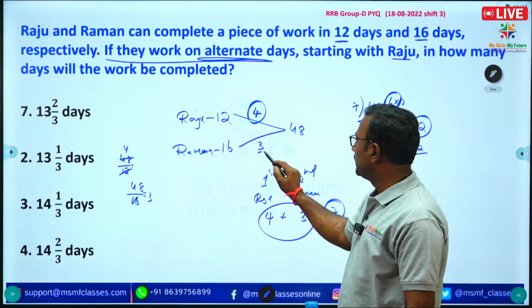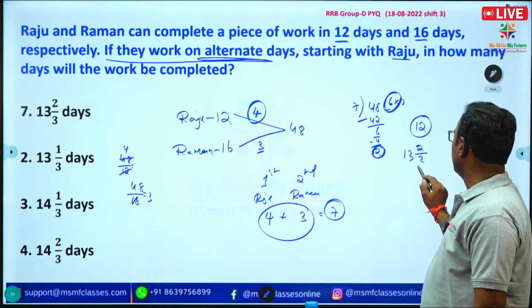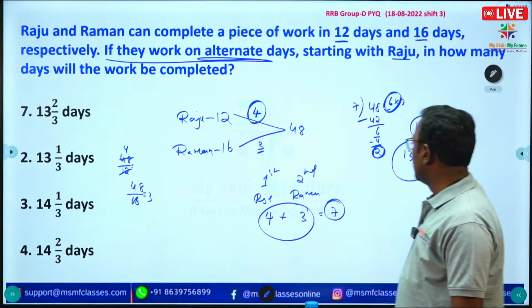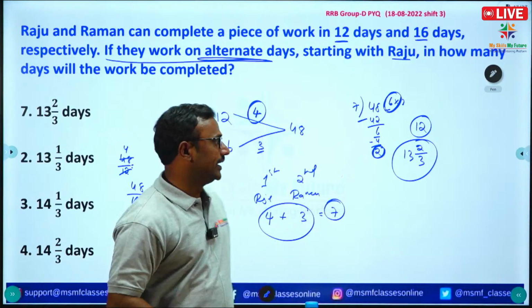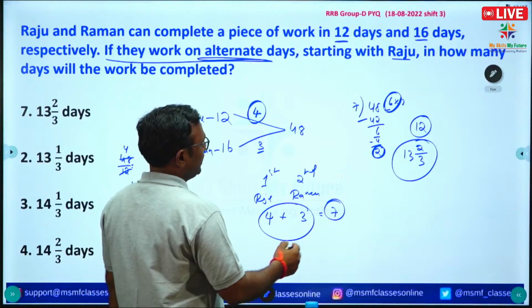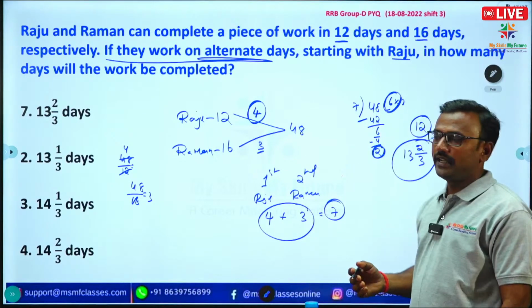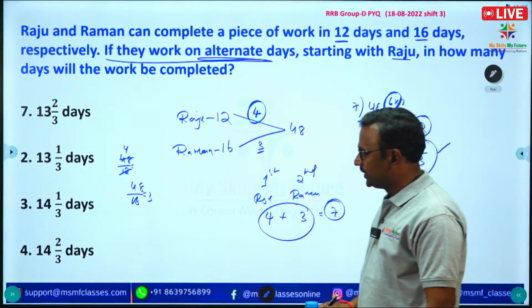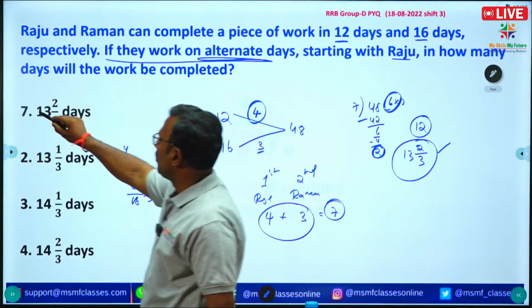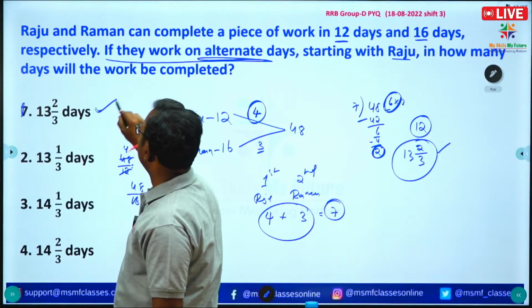Raman can do 3 units of work in a day. So total required days is 13 2 by 3 days. So they will complete the work if they work alternately in 13 2 by 3 days. So option 1 is correct, 13 2 by 3.